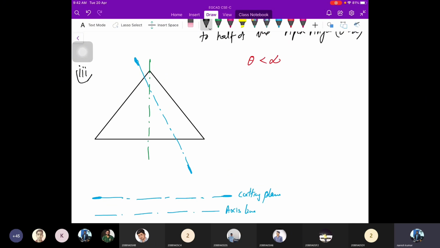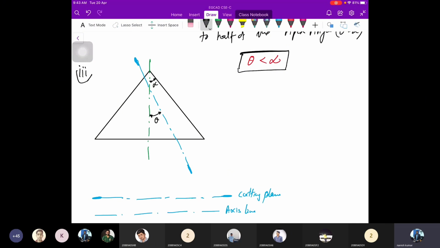Come to the conic, and here this is the angle. This is alpha, half of the apex angle, and this is theta. So here the condition is theta is less than alpha. That means the inclination of the cutting plane is less than half of the apex angle.